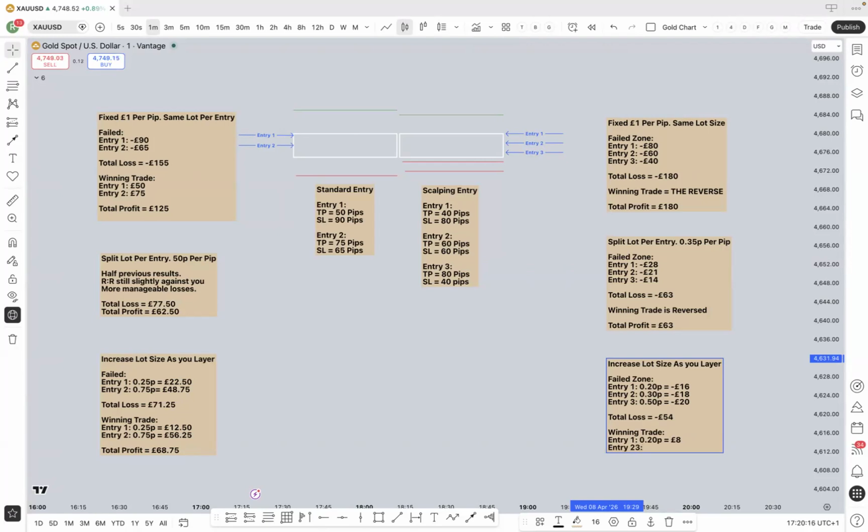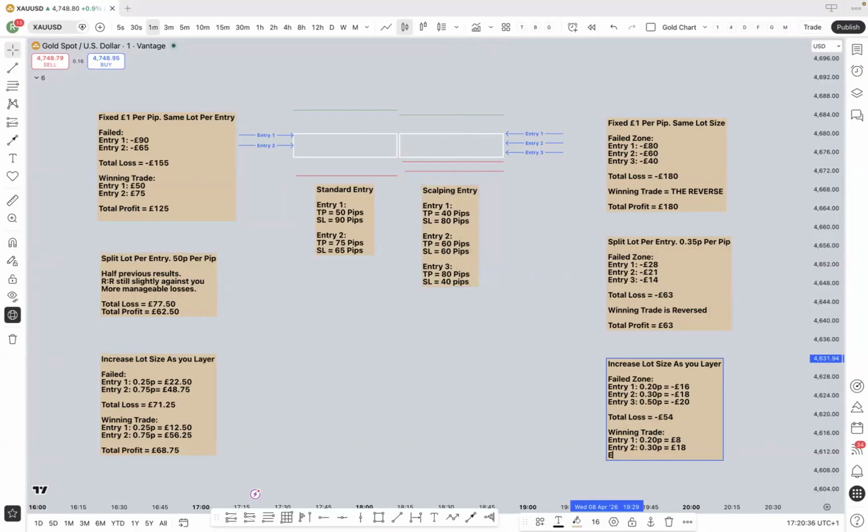Entry 2, 0.30p per pip, the winning amount becomes £18. Exactly the same. Because remember, 60 and 60. So there's going to be no difference at entry 2.